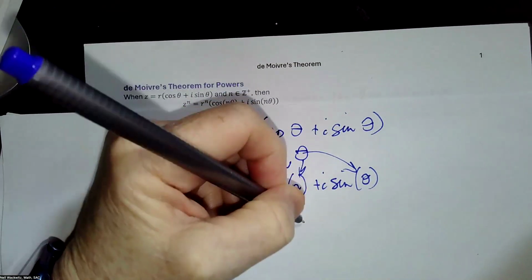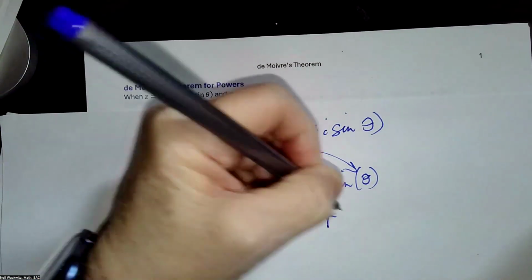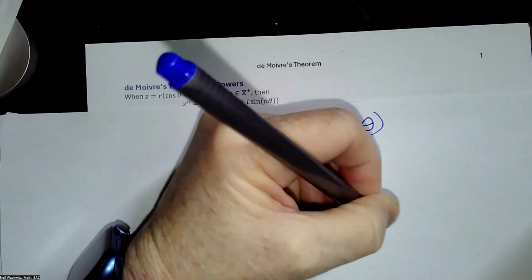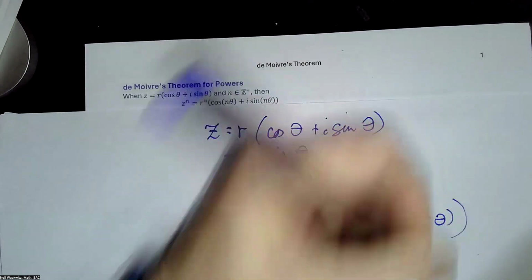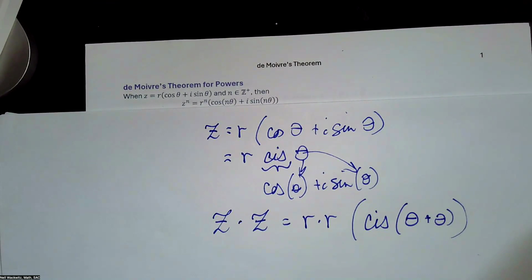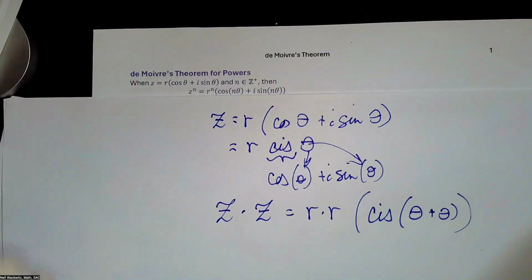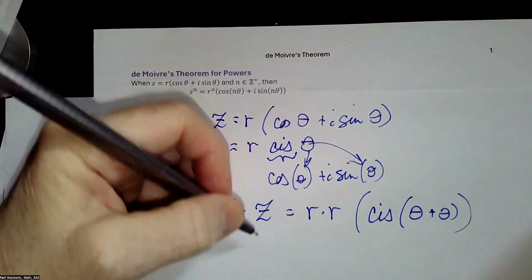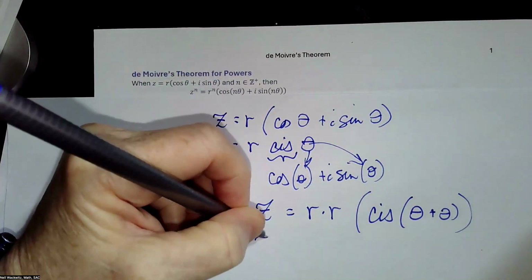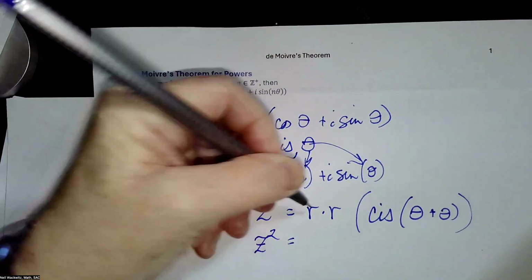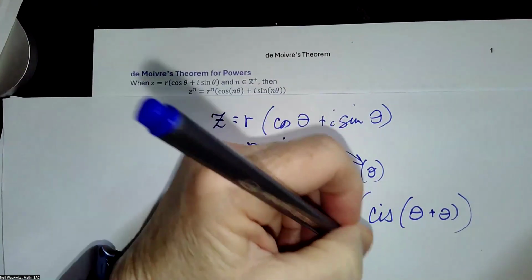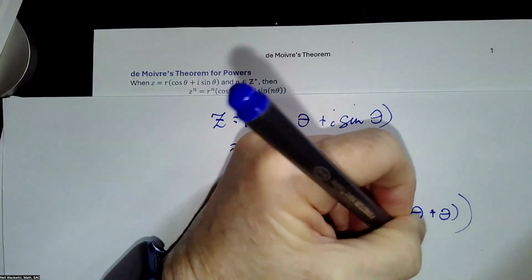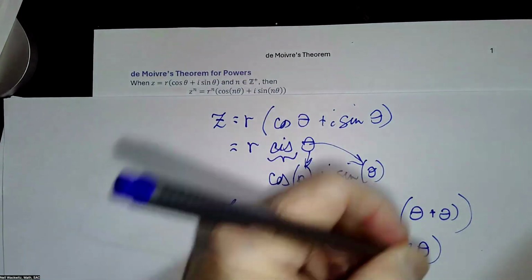So this should be r times r cis theta plus theta. And we can kind of make this look nicer. z times z is z squared. r times r is r squared. And theta plus theta is 2 theta.